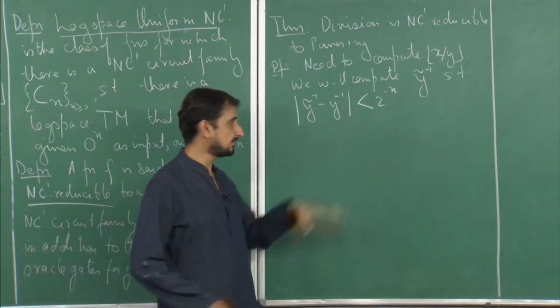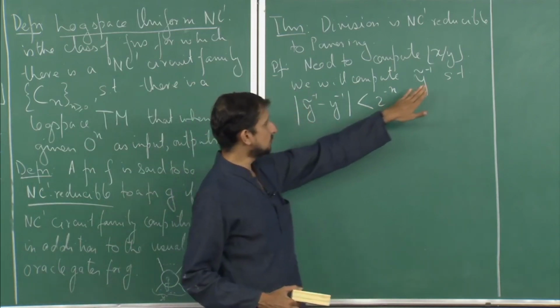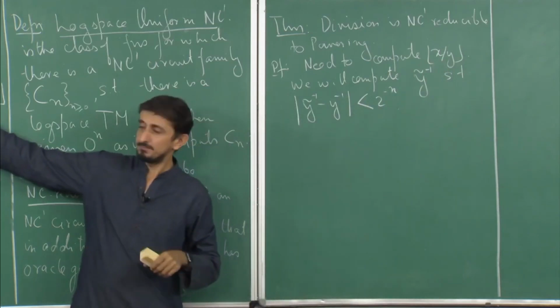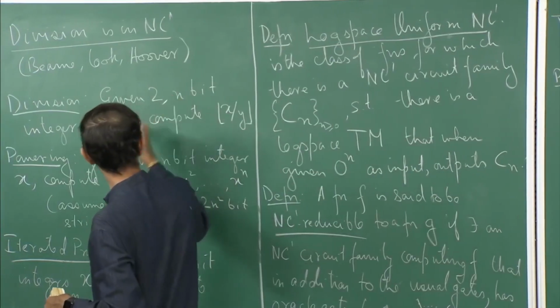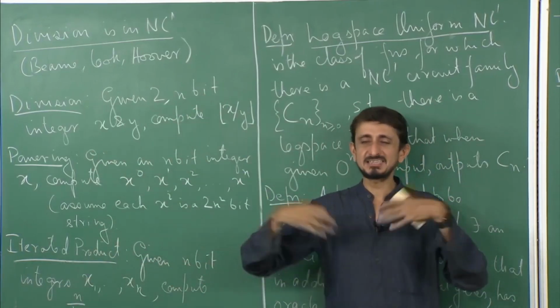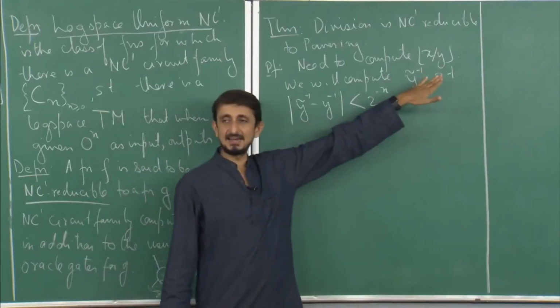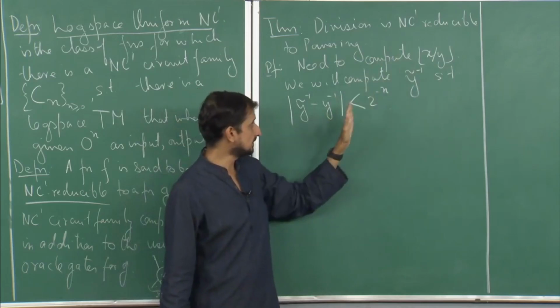Now, why less than 2 to the power minus n? Because once we have this, what are these x and y? They are given n bit integers. So, the maximum value that x can take is 2 to the power n.